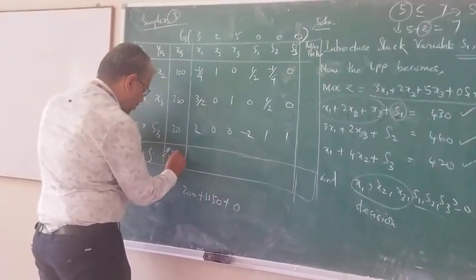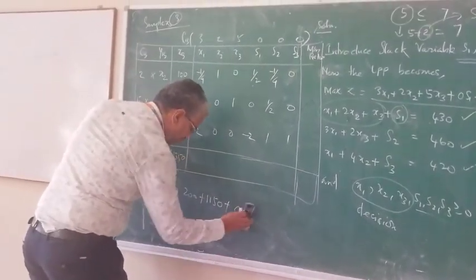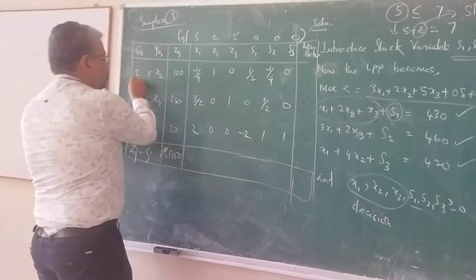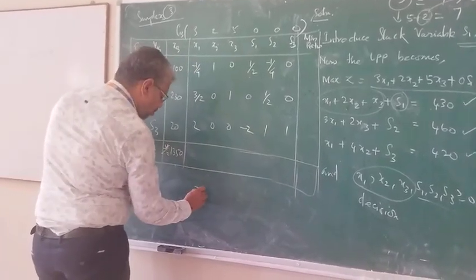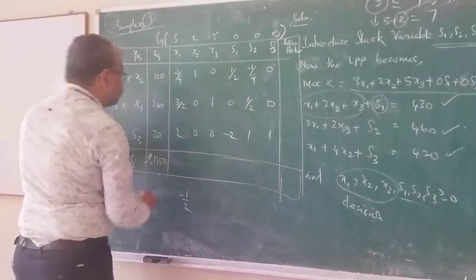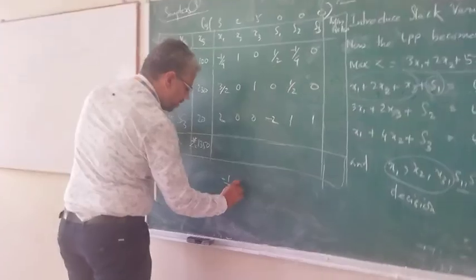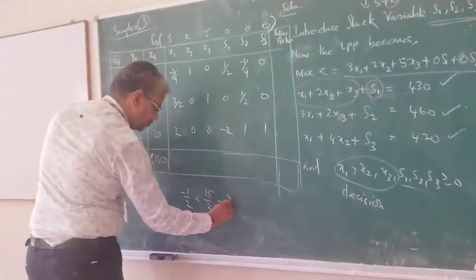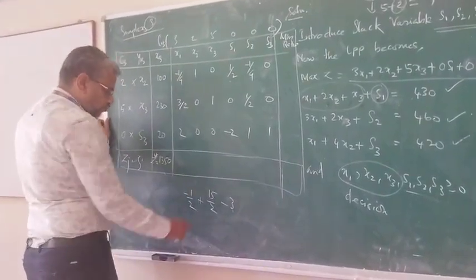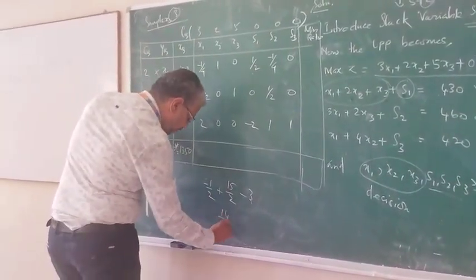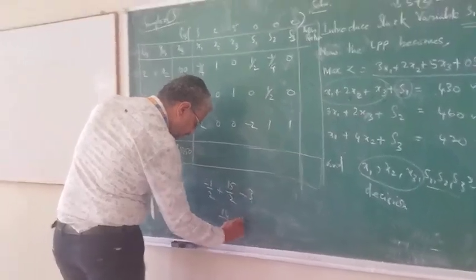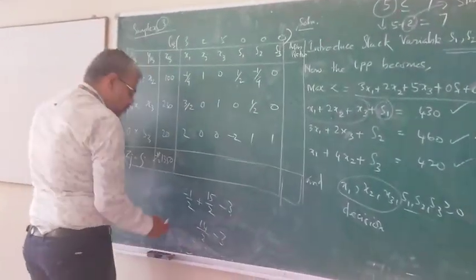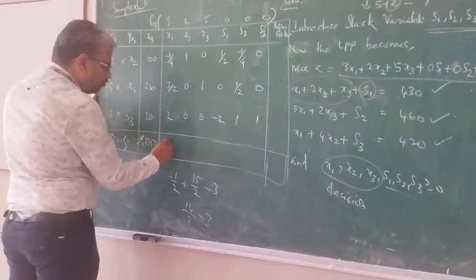Add, so 1350. Similarly, 2 into minus 1 by 4 is minus 1 by 2. 5 into 3 by 2 is 15 by 2. Minus 3. So 14 by 2 minus 3. 14 by 2 is 7. 7 minus 3 is 4.